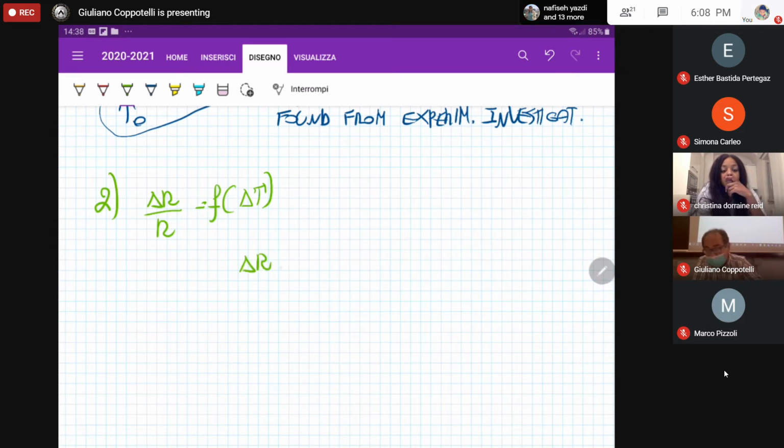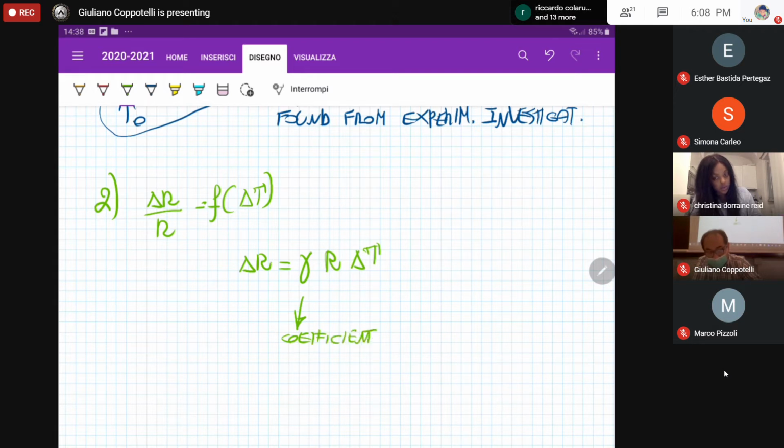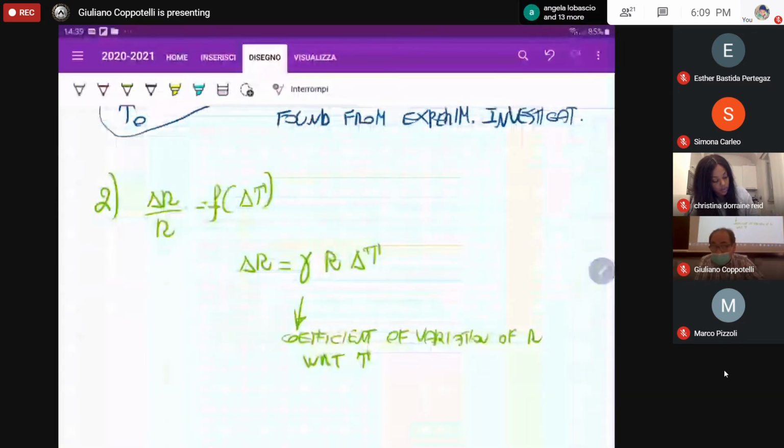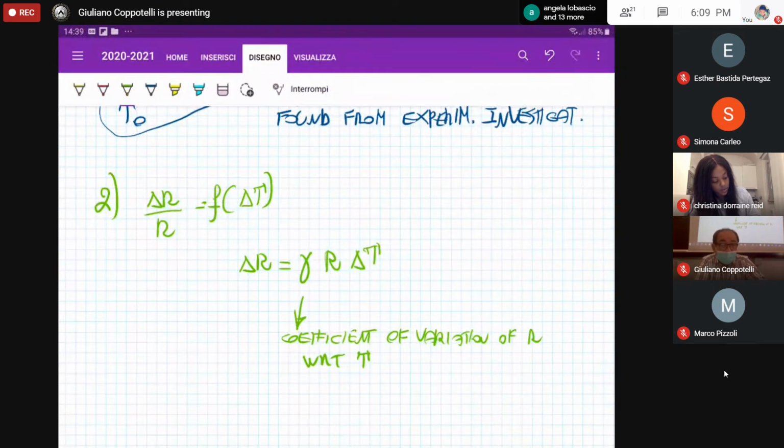So the change of resistance is given by gamma R delta T, in which gamma is the coefficient of variation of R with respect to the operating temperature T. And of course R is the reference resistance, and delta T is the variation, the change of the temperature.